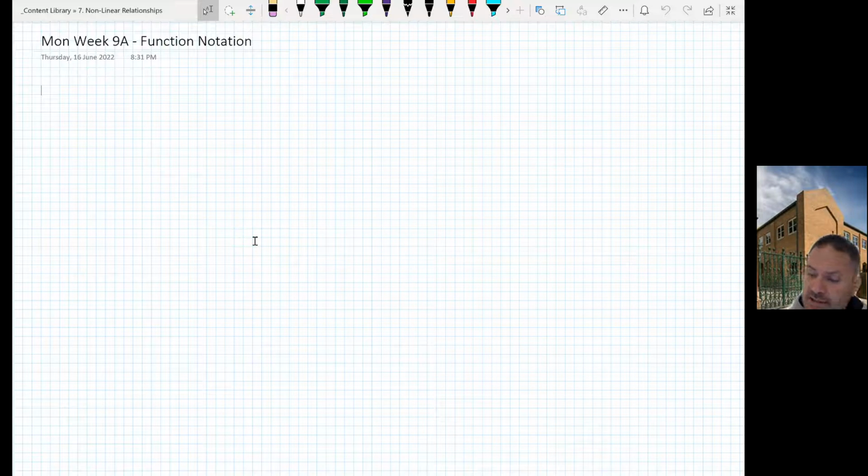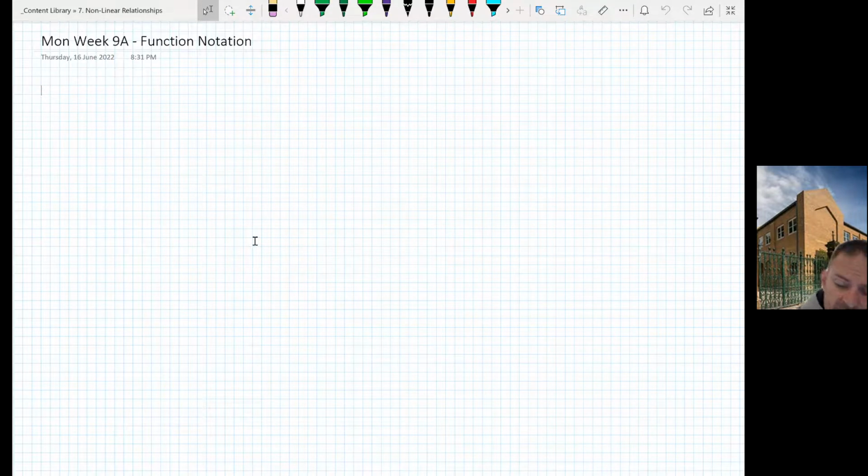Today's lesson is all about functions and function notation. This comes into Advanced mathematics for next year, Extension 1, AA, and AI as well. The only course that function notation probably doesn't come into is Standard 2 mathematics, but nonetheless, it's still a good thing for us to do.